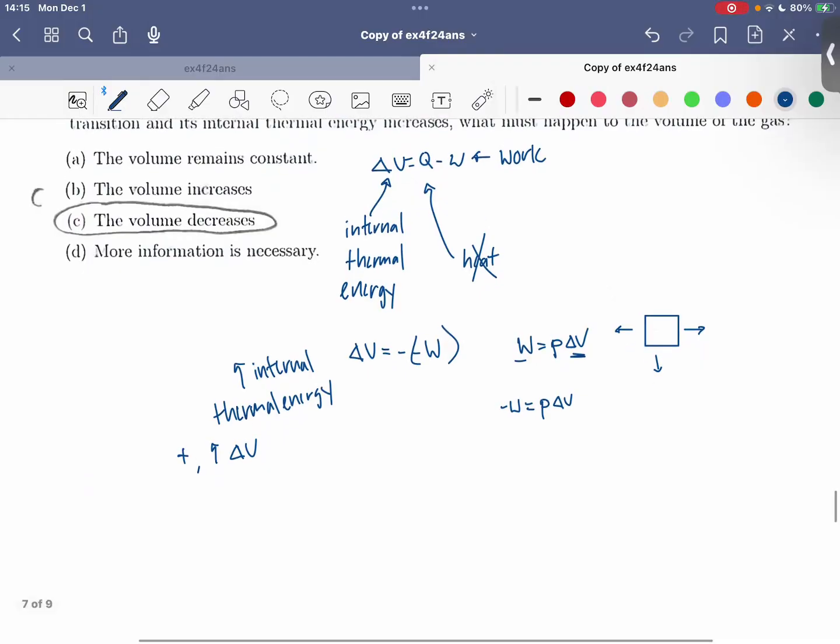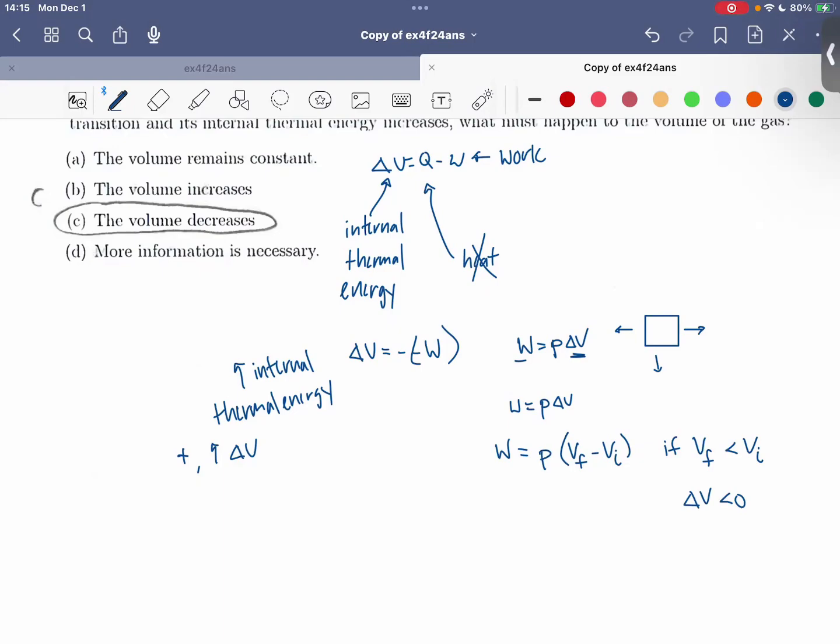The only way to make this work here negative is to have decreasing pressure. I mean decreasing volume, right? So if volume final is less than volume initial, then delta V is less than 0.